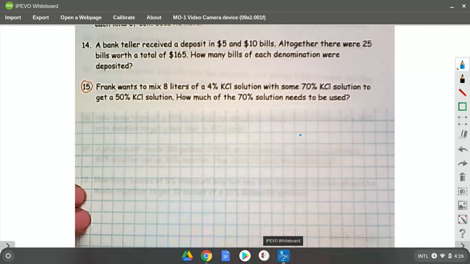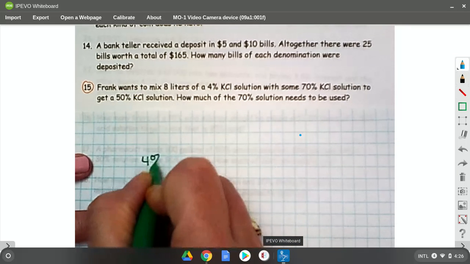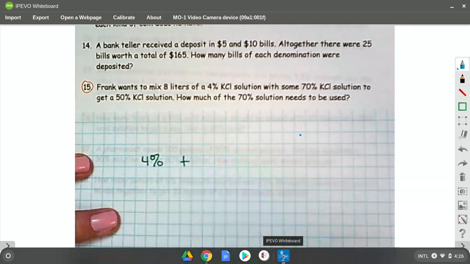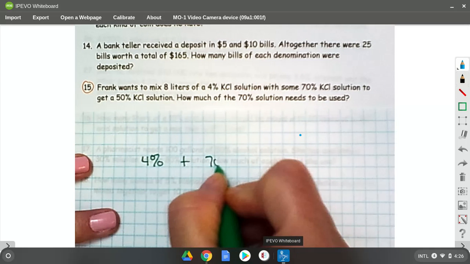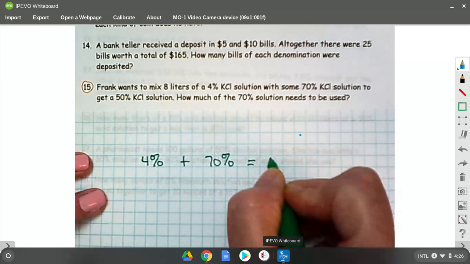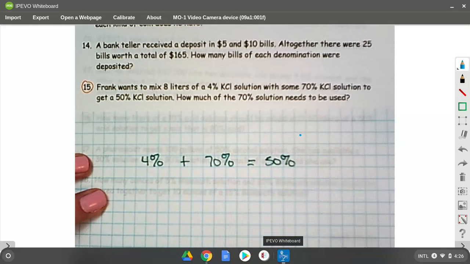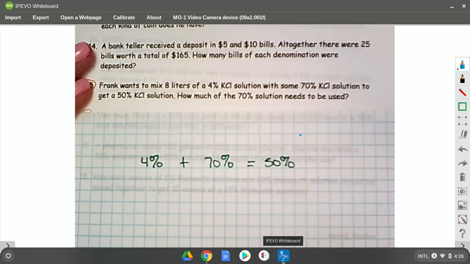All right, so what am I going to be adding in together here? I'm going to do a 4% plus a 70%, and that's going to equal a 50%. So there's my basic problem.